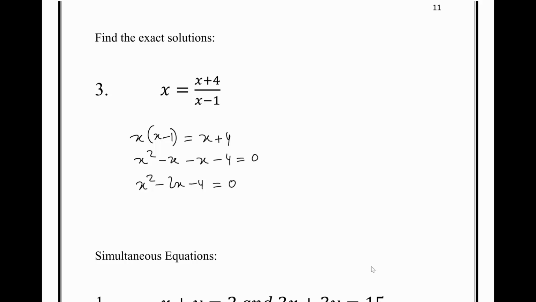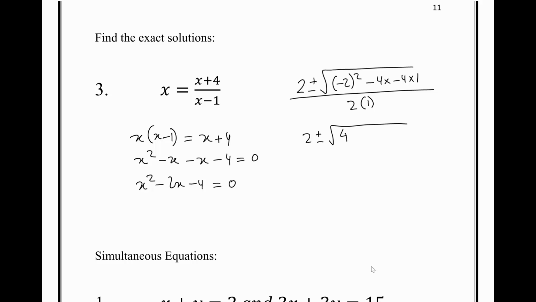So minus b, which is minus times minus 2 to give us 2, plus or minus square root b squared, and then minus 4ac, which is minus 4 times minus 4 times 1, divided by 2 times 1, or a. So simplifying this, we have 2 plus or minus square root 4 plus 16, divided by 2.